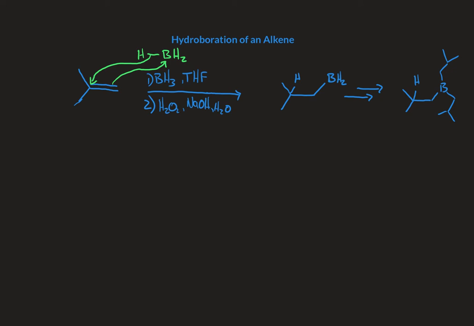Then in the second step, we add hydrogen peroxide and NaOH, which generates a peroxide anion, or this compound here. This is going to add to that boron, like this. And I'm going to not draw out all of those groups, but just the one.